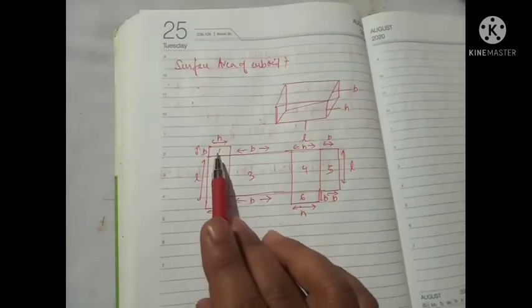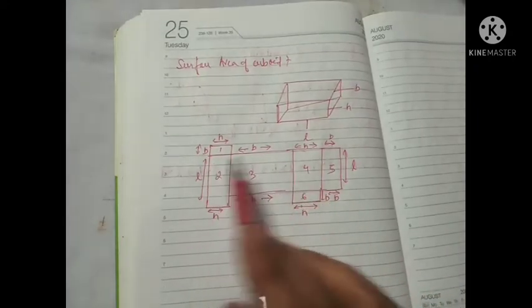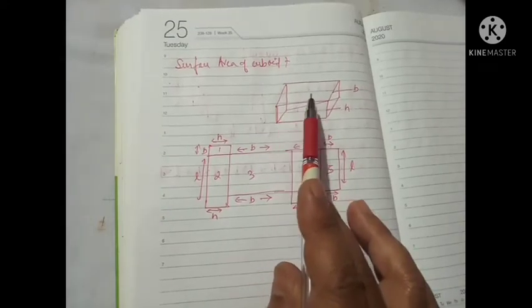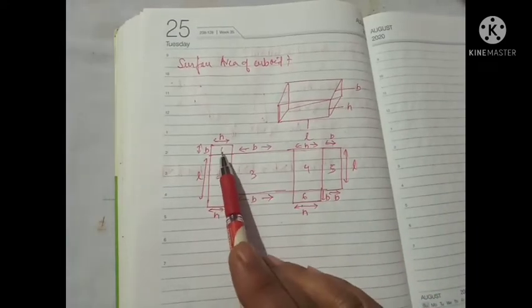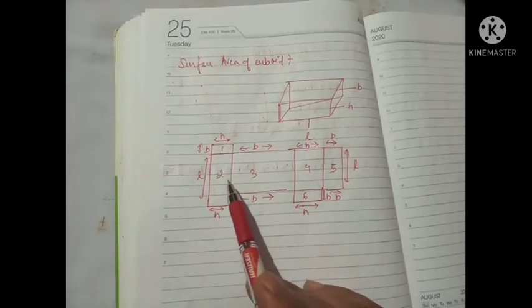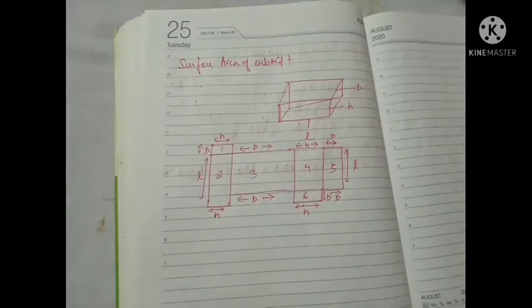There are 1, 2, 3, 4, 5, 6 rectangles, because a cuboid has 6 rectangles. We have to add up all the areas of these 6 rectangles, and that will become the total surface area of the cuboid.